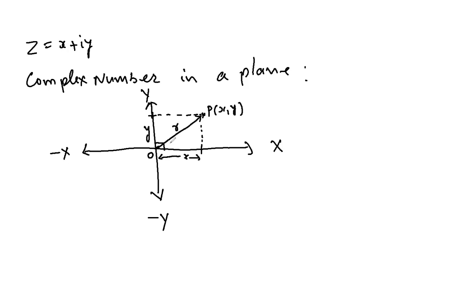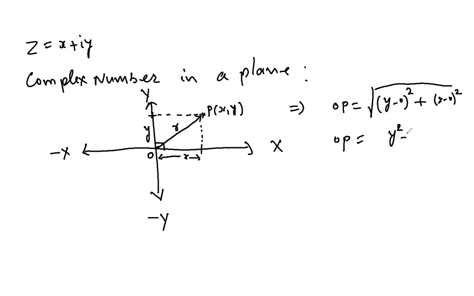Let's say this point is P. Simply you can calculate the distance between the two points, that is OP, which is the square root of (y minus 0) squared plus (x minus 0) squared, which you have done in class 9th, how to calculate the distance between two points. That is simply the square root of y square plus x square, which we denote here by small r.